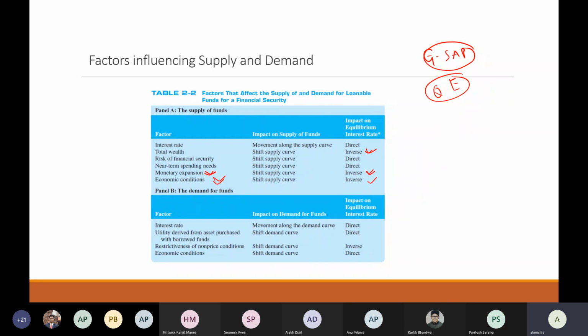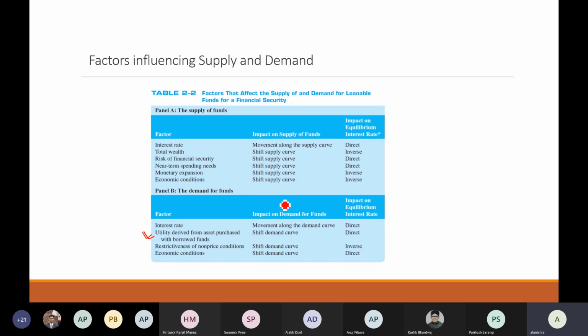Now coming back to the demand side, what factors determine the change in the demand side? Demand side means the utility derived from the asset purchased with the borrowed funds.